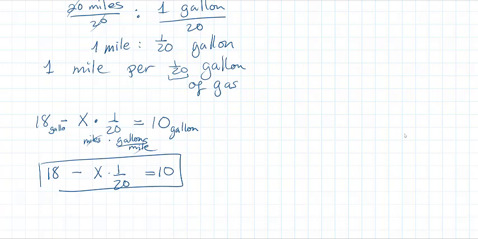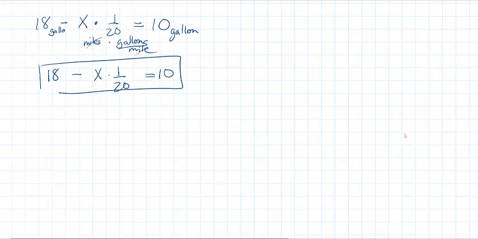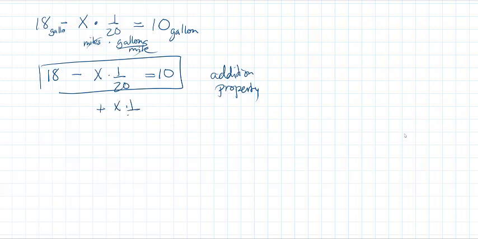Well, let's use our properties. Our first property is the addition property. So with the addition property, let's add x times 1 over 20 to both sides of this equality.